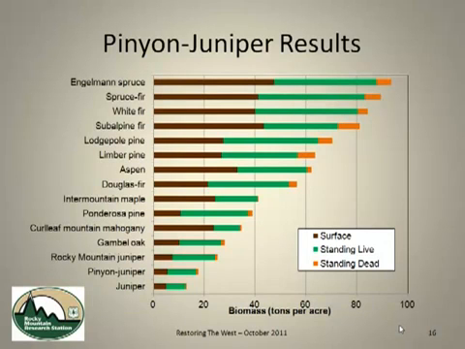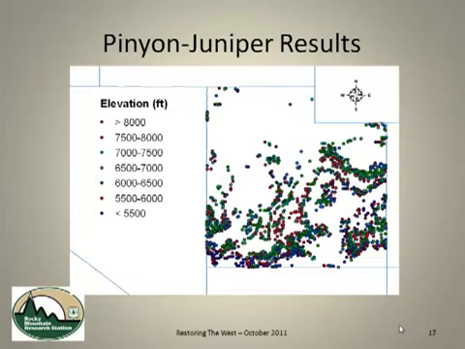Moving on to the pinyon-juniper, remember we're dealing with these stands here, not Rocky Mountain juniper and not pure juniper, but what we classify as PJ, so there's some component of pinyon and juniper in all of these stands. This is where they're located in Utah.